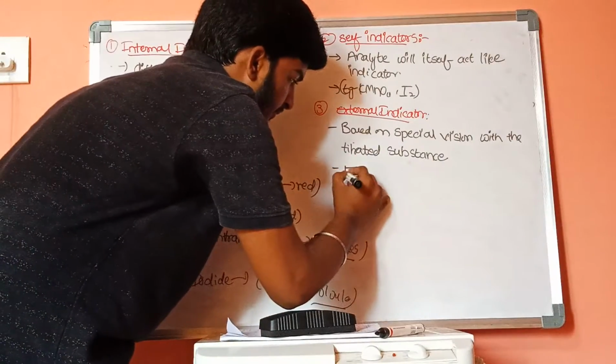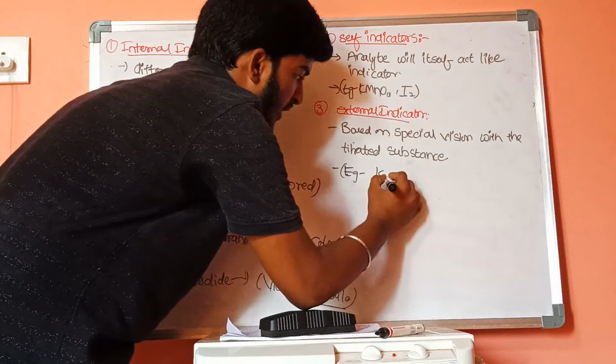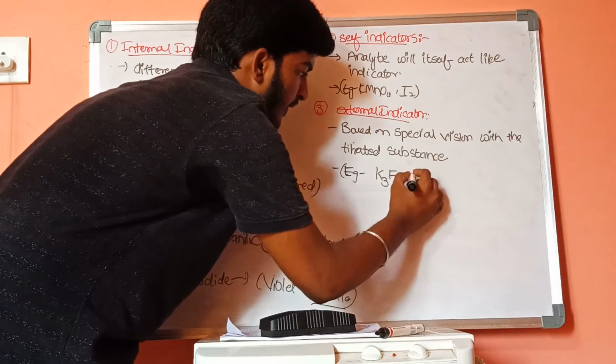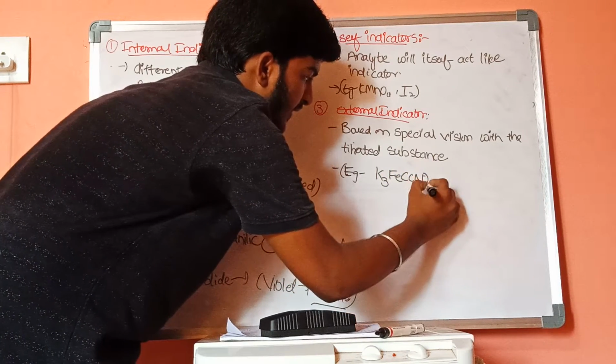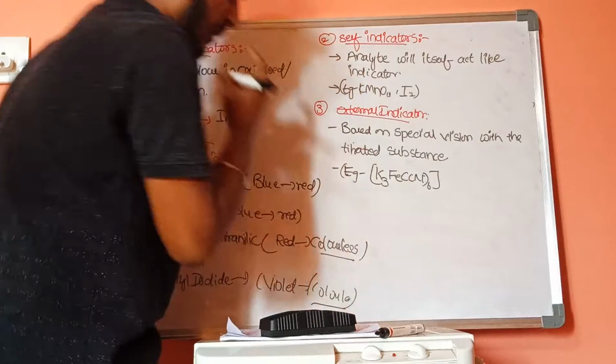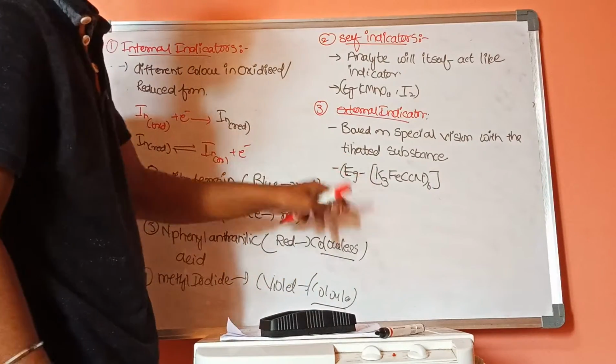Example, potassium ferricyanide. Potassium ferricyanide is an example for this.